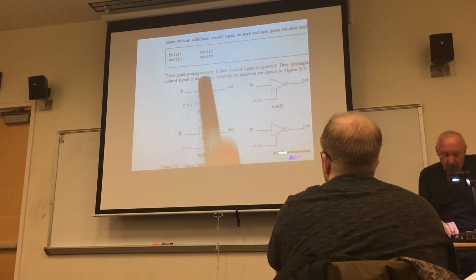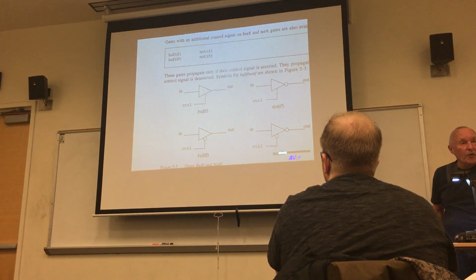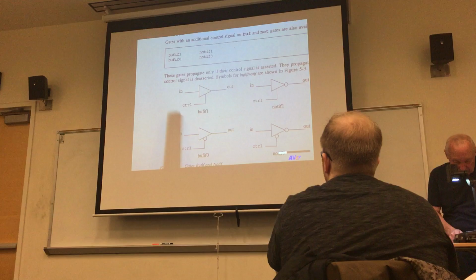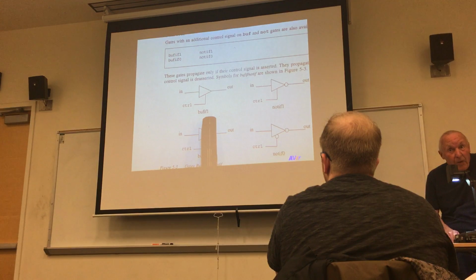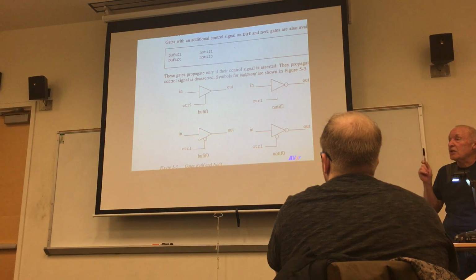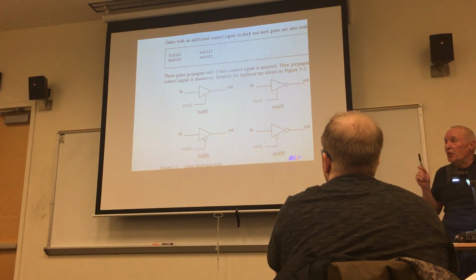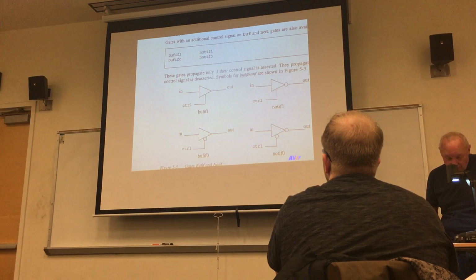Let's take these two. First of all, they're buffers. So it's buff, buff. Now you'll notice after that it says buff if one, buff if zero. That's specifying whether you want the control active high or active low.